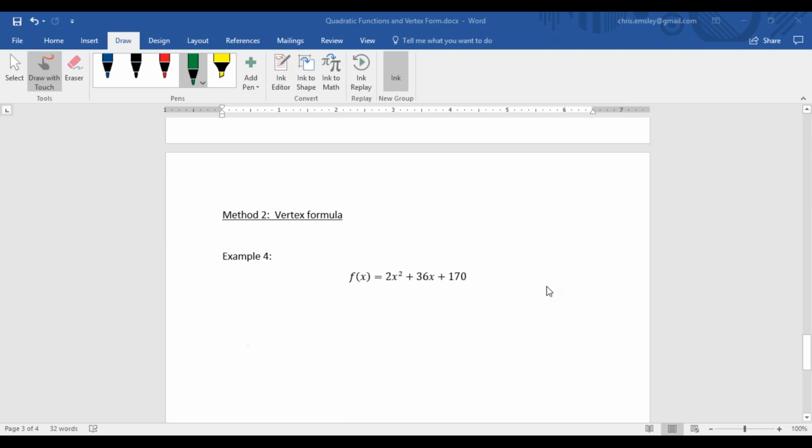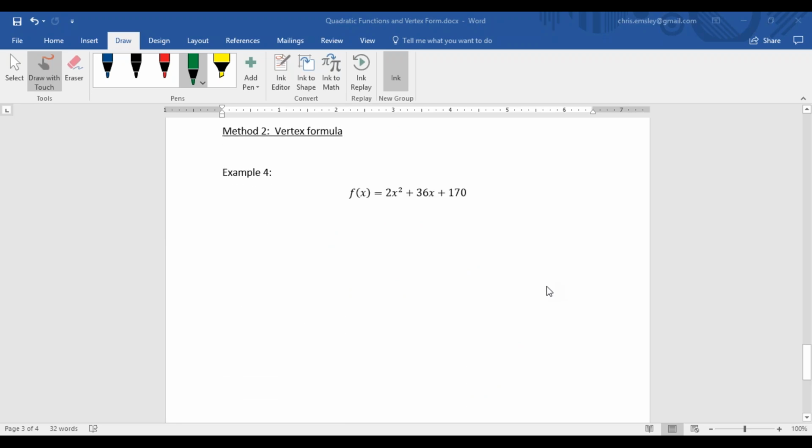Okay, and in our final example, I did want to show you another method for finding the vertex form for people who really don't like completing the square. So we have a formula for finding the vertex. The vertex is 2 points. The x value is negative b over 2a, and the y value of the vertex is f of negative b over 2a.